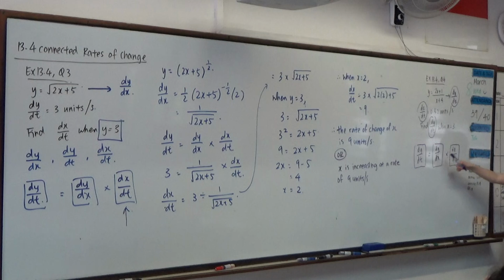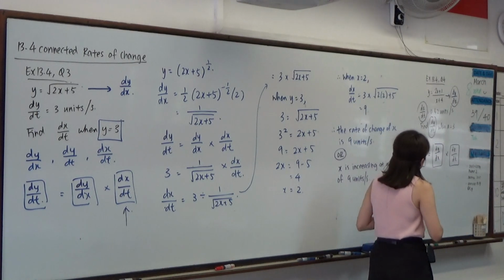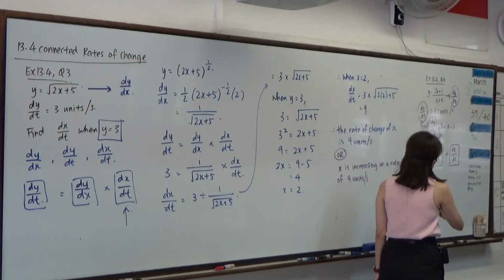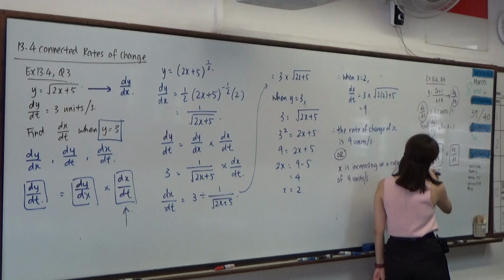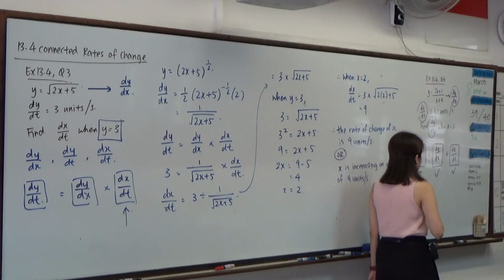Algebraically it seems to make sense, right? So now we will proceed with finding out what your dy over dx is first, since we already have dx over dt, because dy over dt is what we want to find.